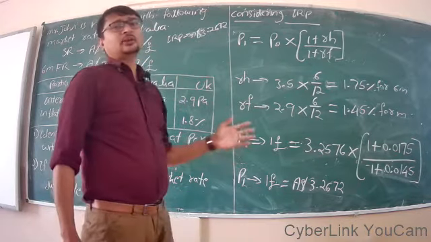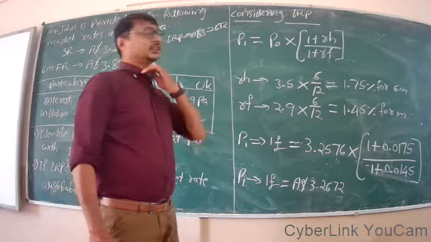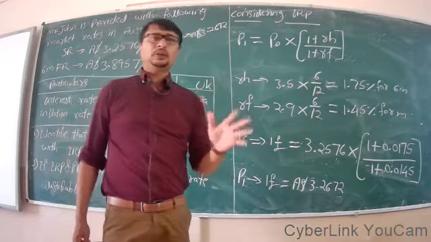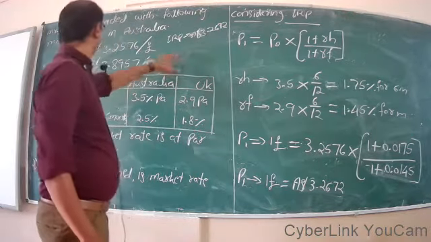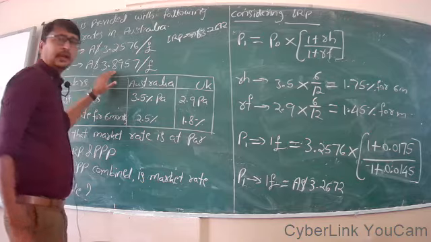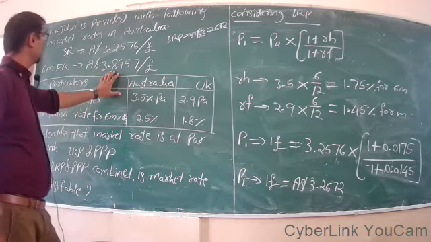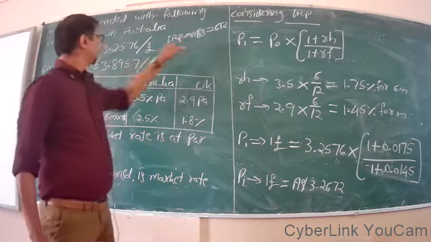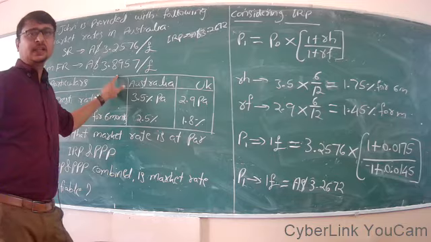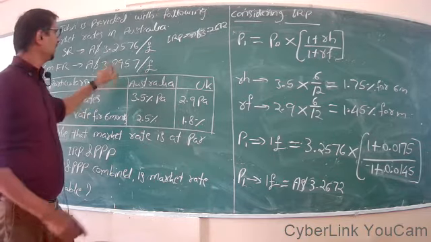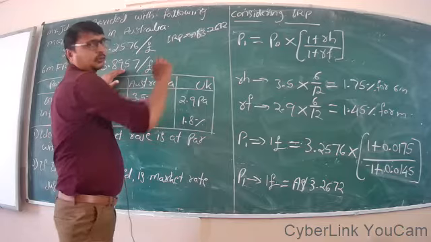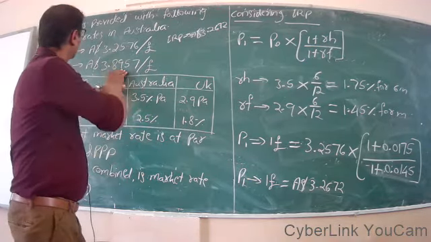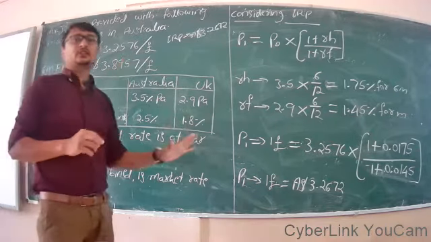So according to IRP theory, the market rate after 6 months would have been Australian dollar 3.2672 per sterling pound. But the actual market price after 6 months has become Australian dollar 3.8957. So the Australian dollar is overpriced. If these were equal, that is at par, we could have said IRP theory is justifiable.